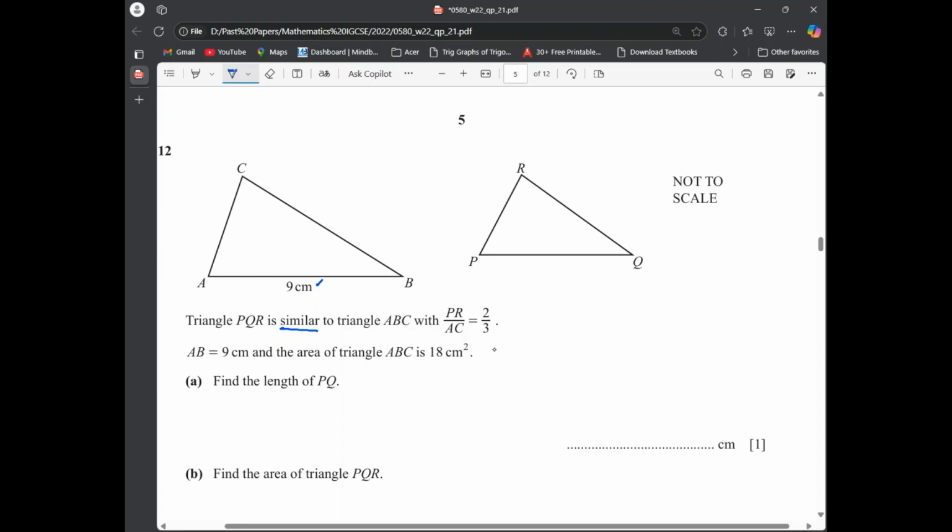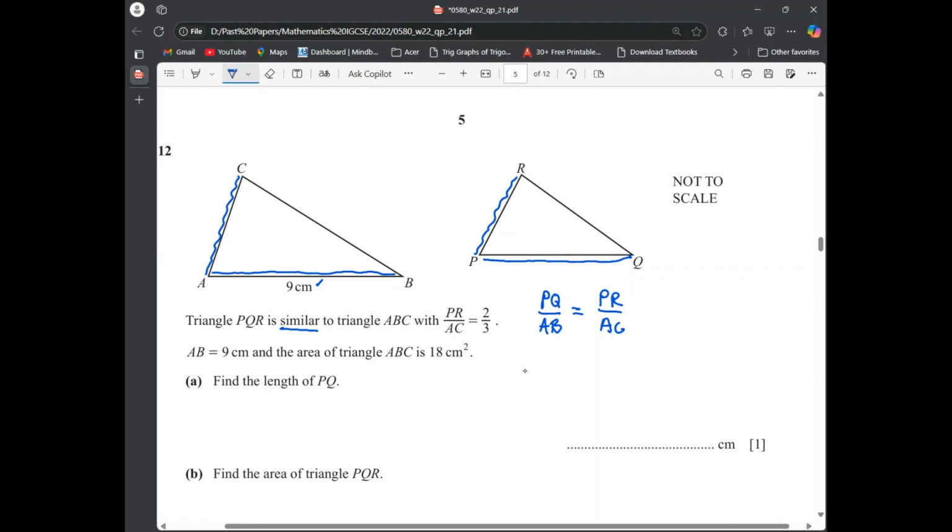So if these two triangles are similar, let's establish some equations first. If I take the ratio of PQ to AB, because they are similar, I'm taking those similar sides, taking the ratios, that should be equal to the ratio of PR, which is that side, and of course AC, which is that similar side as well.